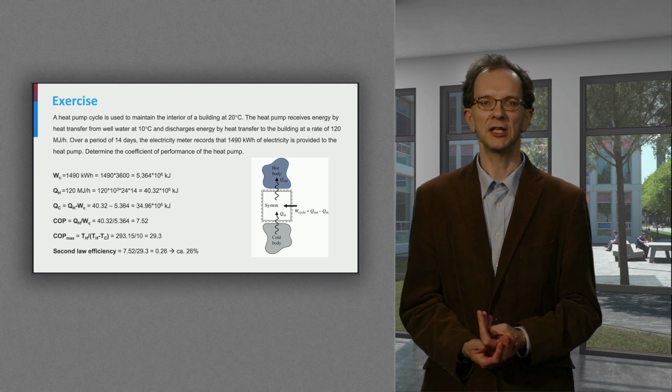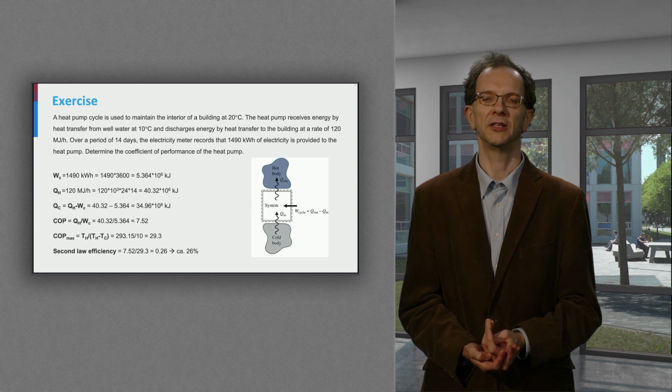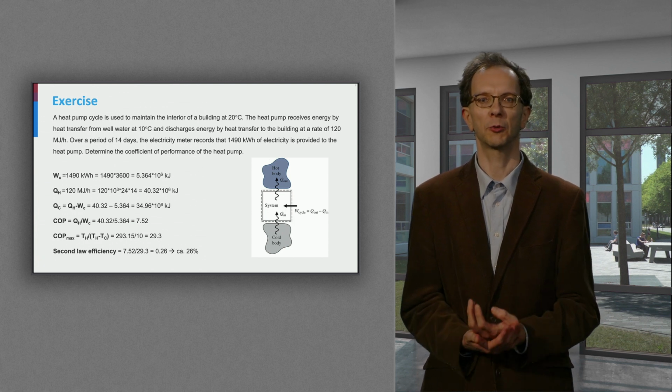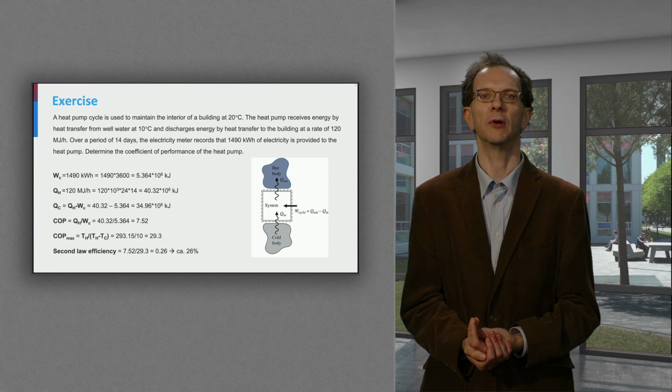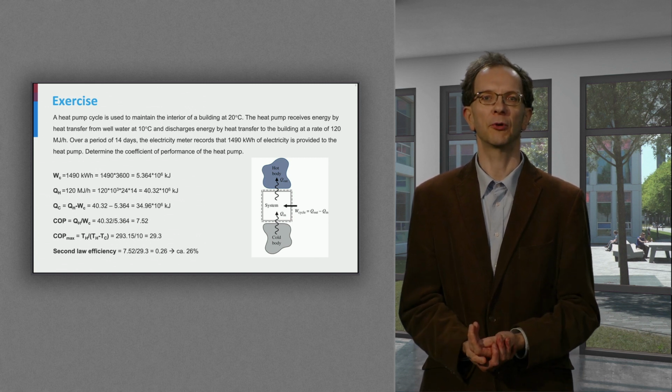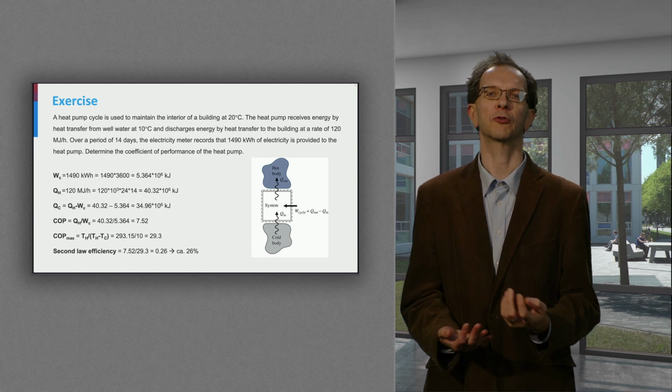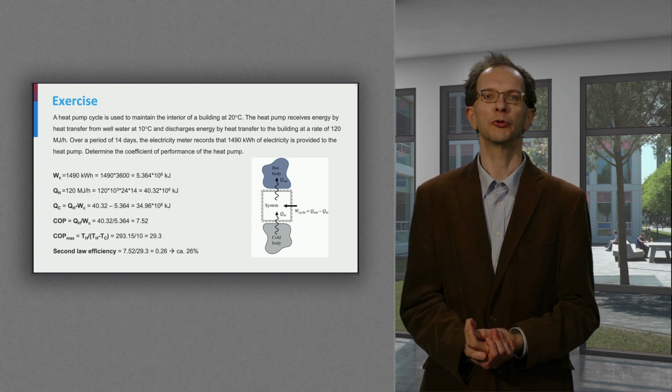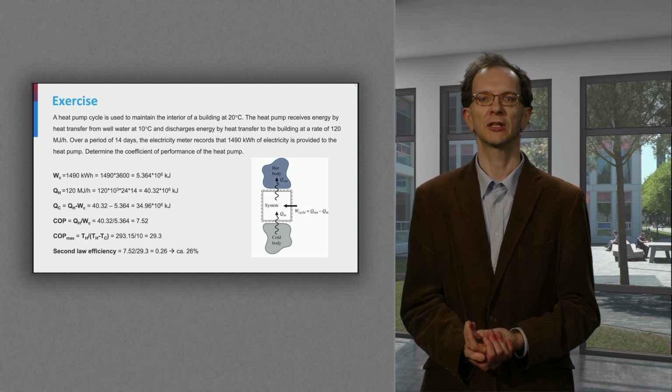And the total energy transferred to the hot body, Q hot, equals 120 megajoule per hour, and this in the end leads to 40.32 times 10 to the power 6 kilojoule. From the conservation of energy, we find the heat that is transferred from the cold body. Q cold equals Q hot minus the work of the compressor, and this is equal to 34.96 times 10 to the power 6 kilojoule.